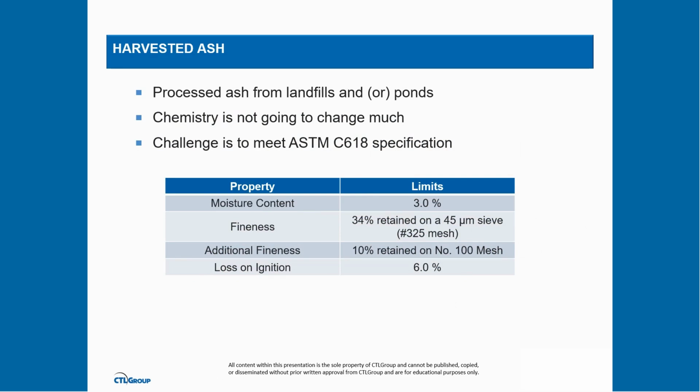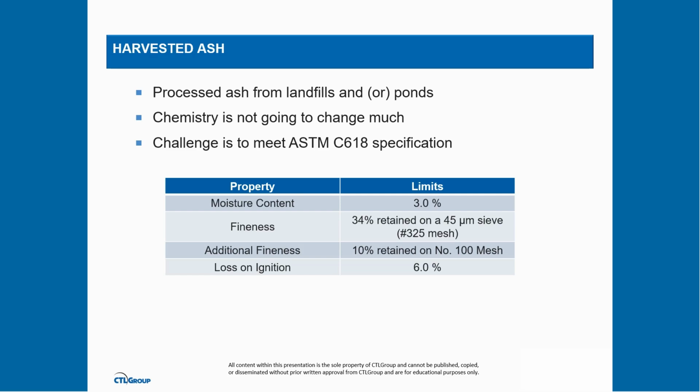The chemistry of harvested ash is not going to change much, and it's not going to be very different from the fly ash that's traditionally used in concrete. However, there are a lot of challenges, as I mentioned previously. For some of the properties, like the moisture content, the fineness, and the loss on ignition, we need to make sure that we meet the ASTM C618 specifications before we can use the harvested ash in concrete.